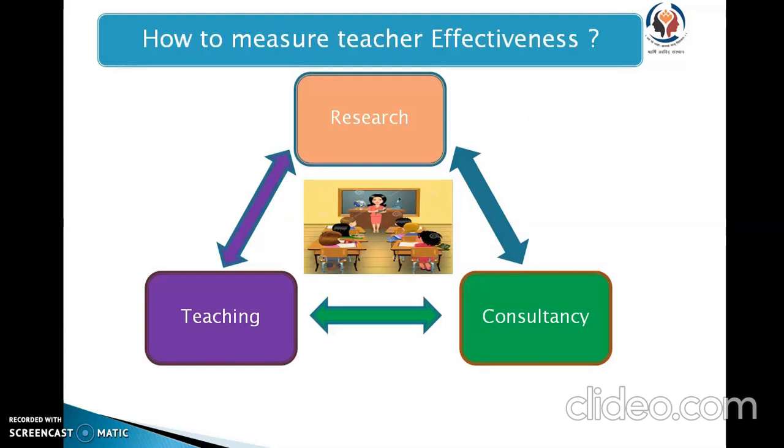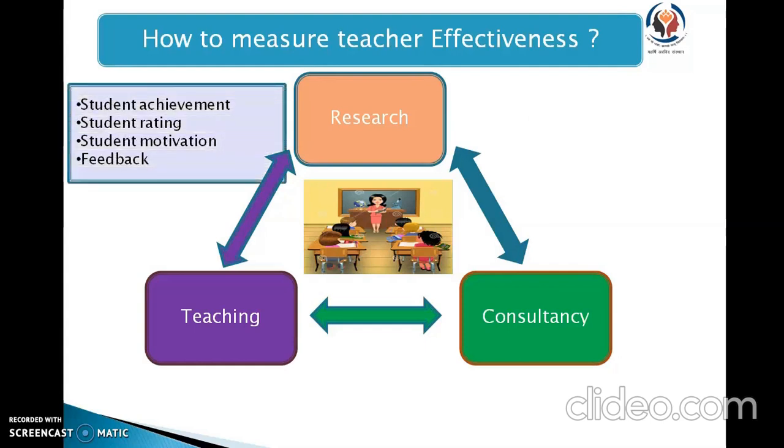So here the discussion comes to teaching effectiveness. The factors are student achievement, student rating, student motivation, and feedback. These are the main factors for teacher effectiveness in teaching.